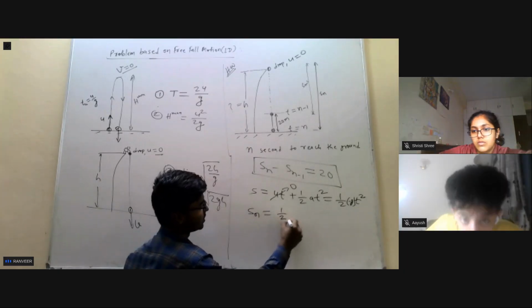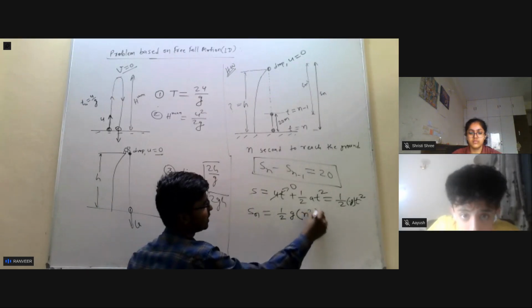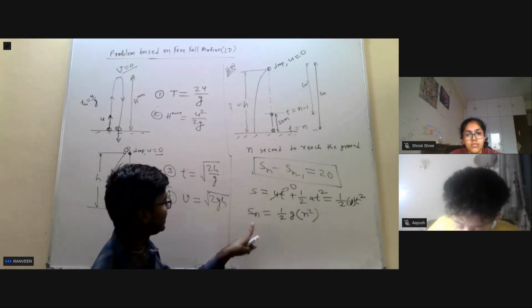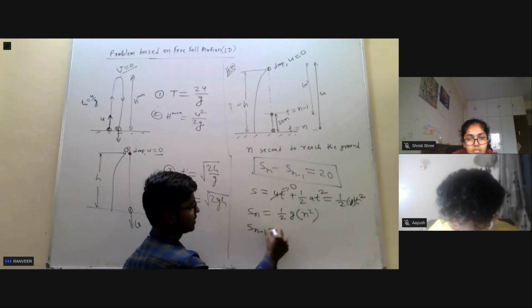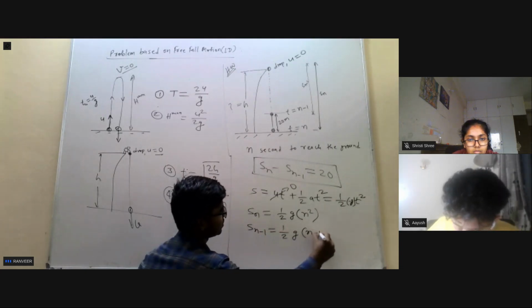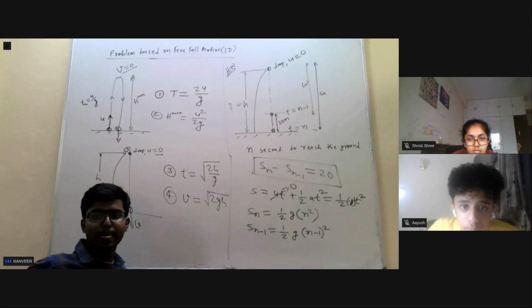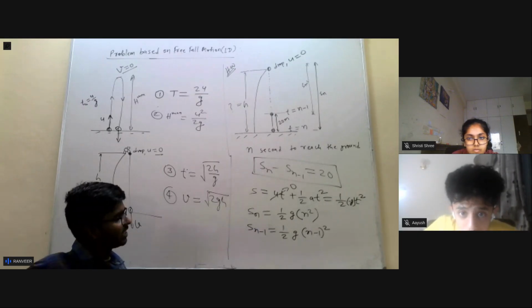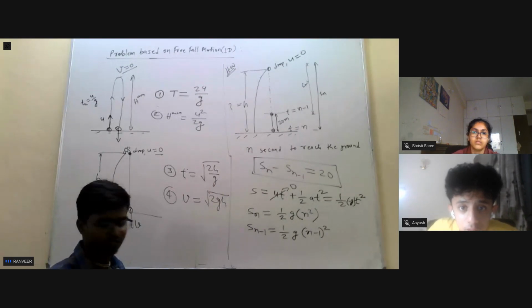Half into g into n square. Correct? What is Sn minus 1? Half into g into n minus 1 whole square. Any doubt? Subtract it and equate to 20. Solve it. You can solve it now.